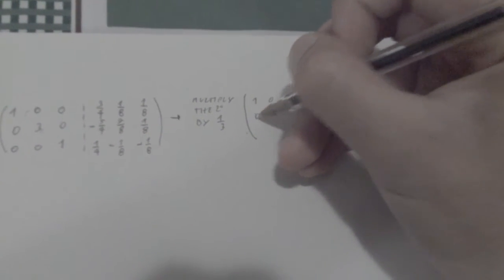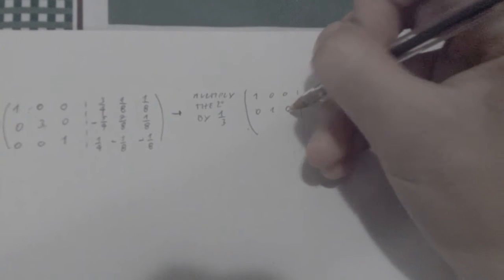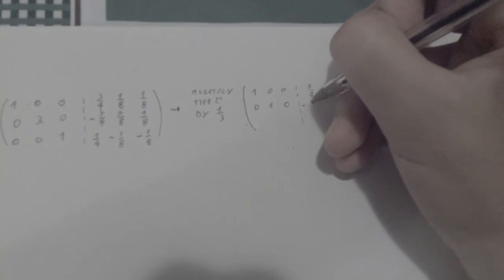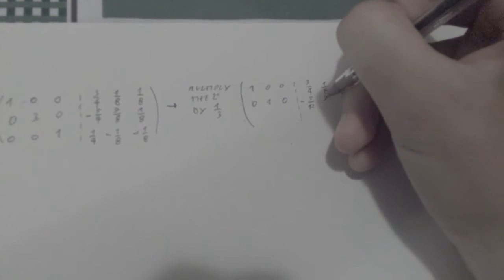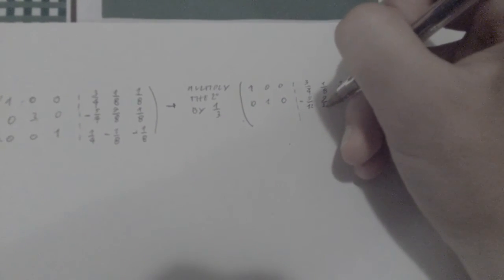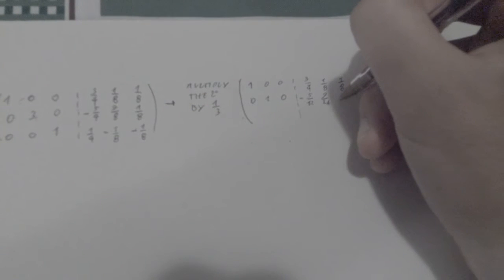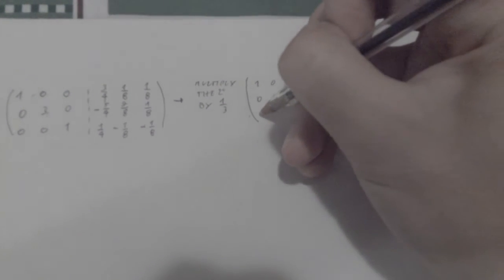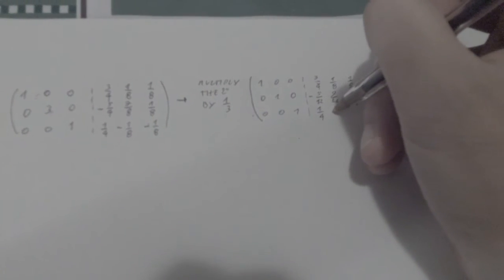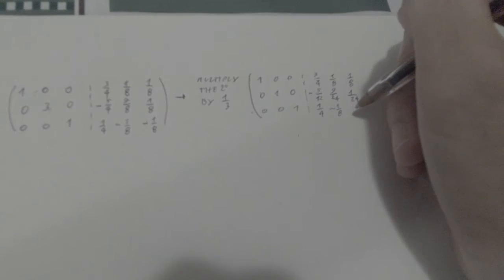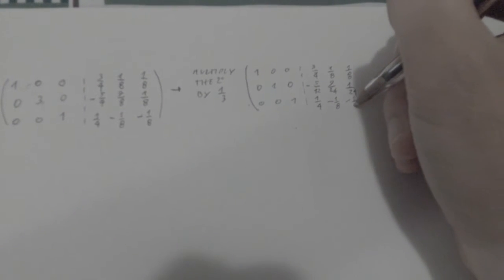Then we have 0, 1, 0, negative 5 over 12, 9 over 24, and 1 over 24. And finally we have 0, 0, 1, 1 over 4, negative 1 over 8, and negative 1 over 8.